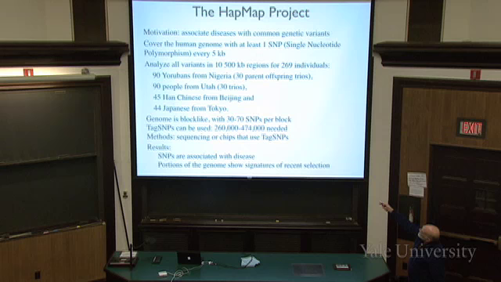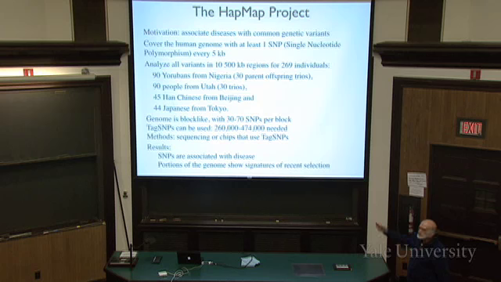And to do this, the HapMap project looked at regions of the human genome that were about 10,500 kilobases long for 269 individuals. So that's 10,500,000 bases for each of 269 individuals, and they did it on people from Nigeria, Utah, Beijing, and Tokyo. And they discovered that our genome is arranged in blocks.